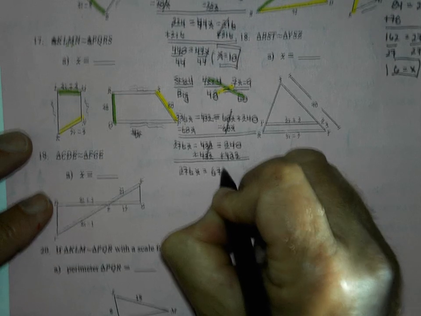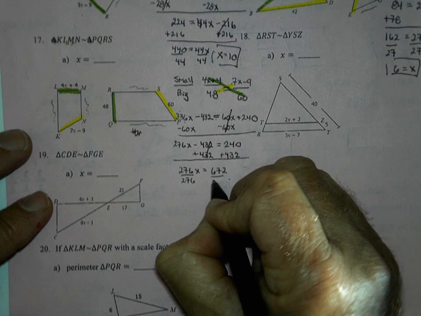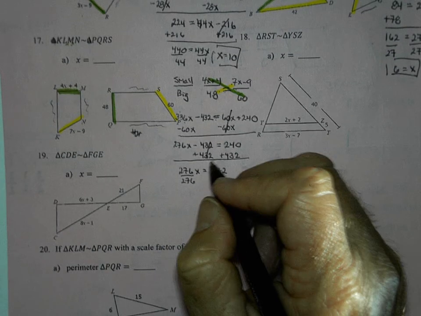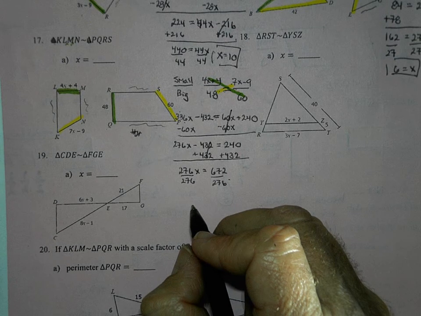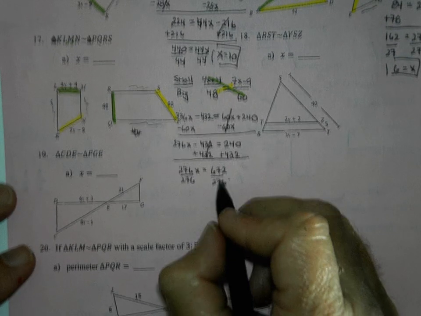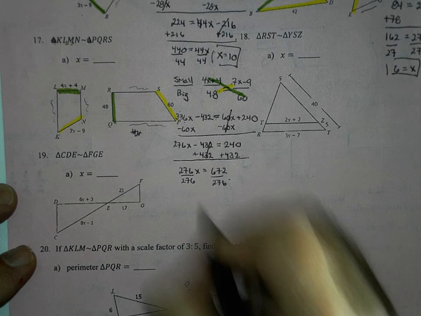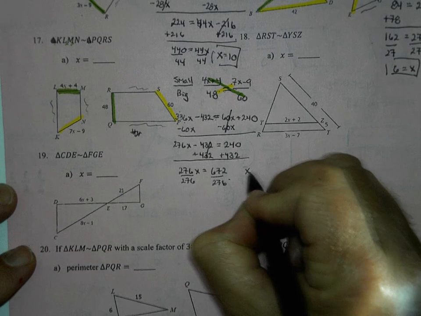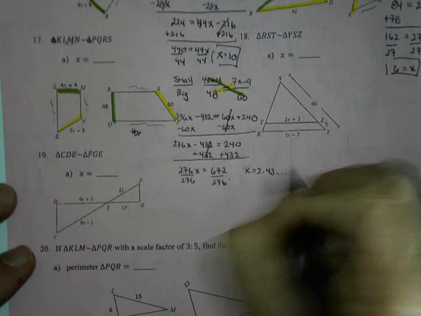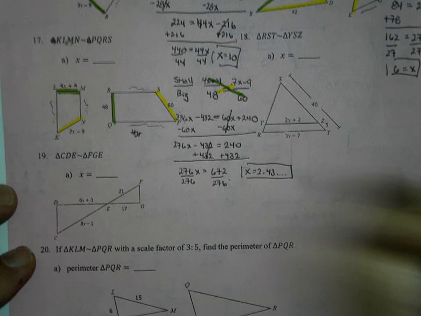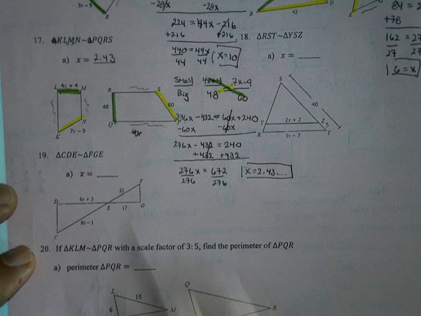Now we're going to divide both sides by 276. 672 divided by 276 gives me, if I did my math right, 2.43. So x is equal to 2.43, and there's a bunch of numbers after that, so I'm just going to say x is equal to 2.43. If you said 2.4, I'm good with that.